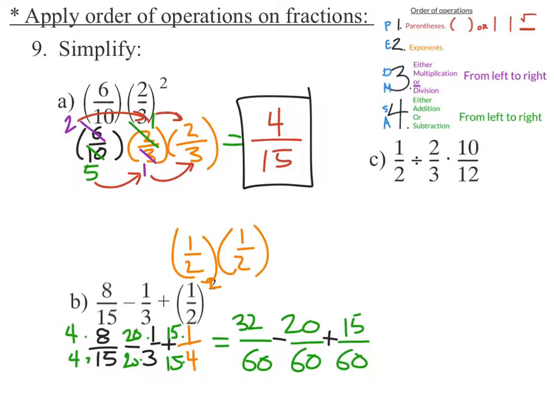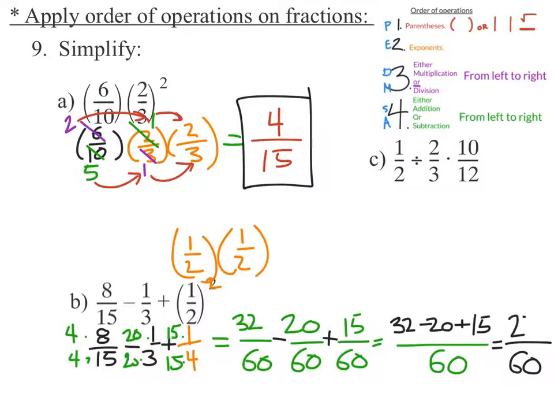So we have this problem now, and this is going to give us a common denominator of 60, which is great. And we'll operate with the numerators: 32 minus 20 plus the 15. And I'll just use the space to write the answer. And we'll see if this can be simplified, but I don't know if it can yet. 32 minus 20 is 12, plus 15 is 27.